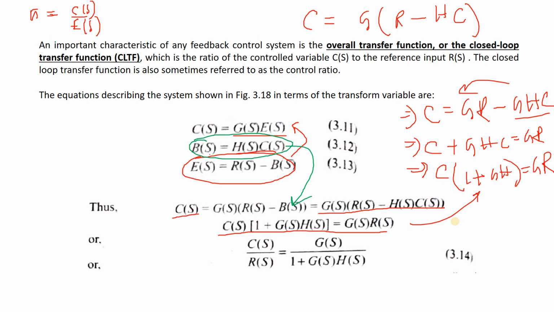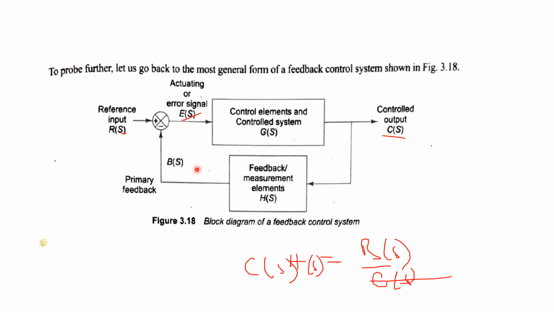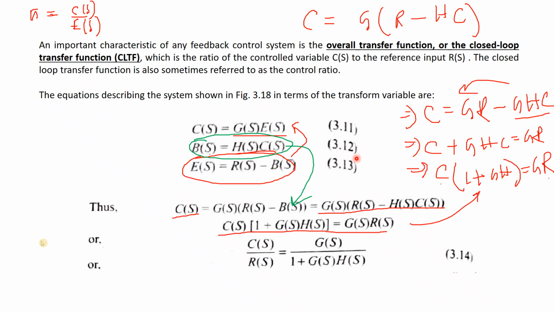So this step is represented over here. Then C and R we have on the two sides. Now we all know the closed loop transfer function is CS by RS, the Laplace transform of the output signal by the input signal.